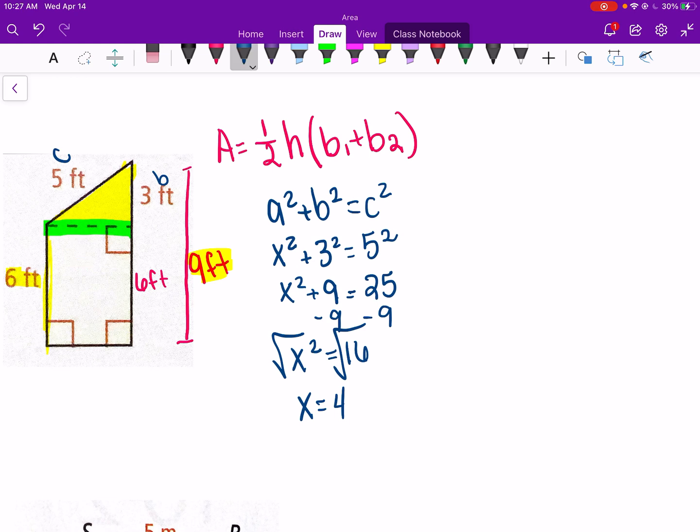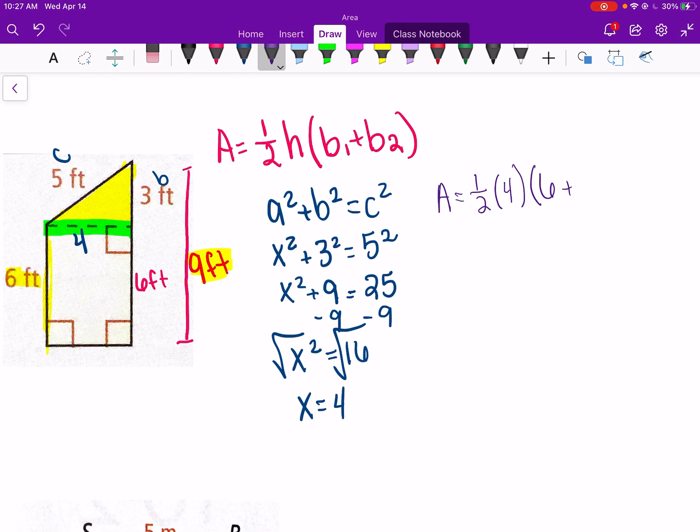So we found that this length right here was 4. So now we have everything we need to find the area of this trapezoid. So our area equals 1/2 times the height, which we found was 4, times base 1, we'll call that 6, plus base 2.